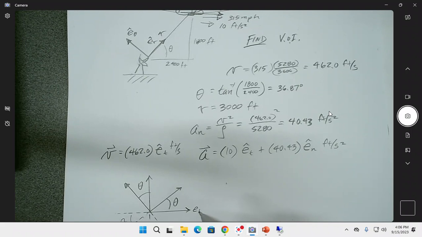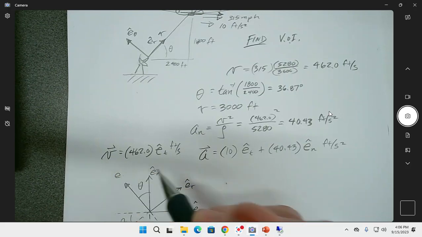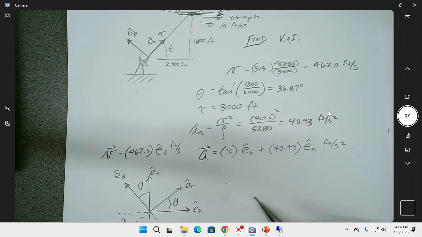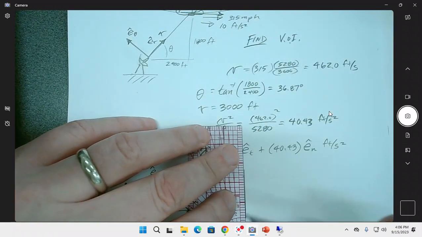So this was ET, this is EN, ER, E theta. So we can even make a neat thing of this, right?